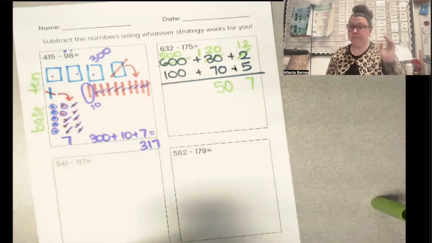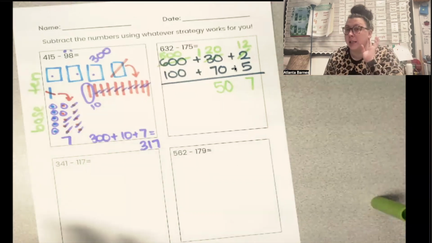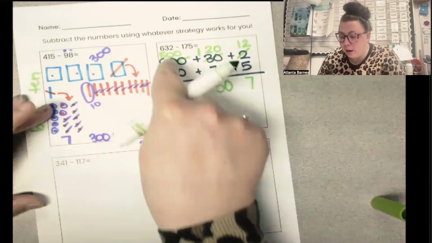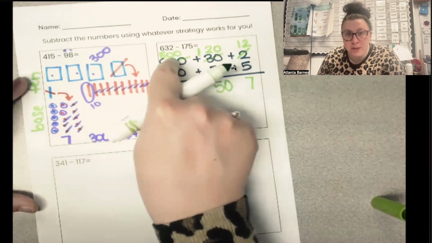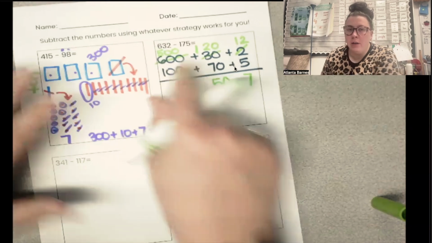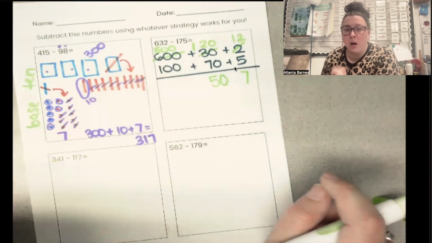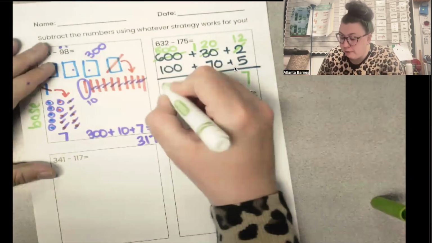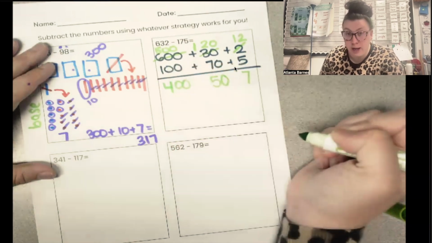Okay, are you with me? If you're not, go back and listen again. Now, we're getting in the weeds, but we're almost done. 500 minus 100, we're just thinking 5 minus 1. 5, take away 1, 4. But instead of 4, we're going to say 400, right?